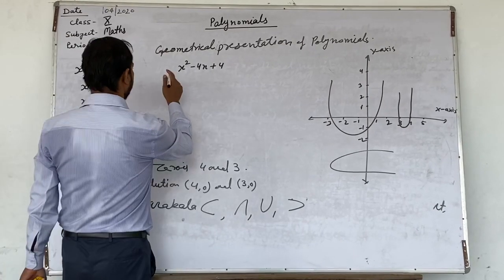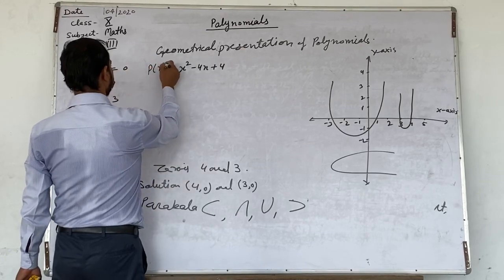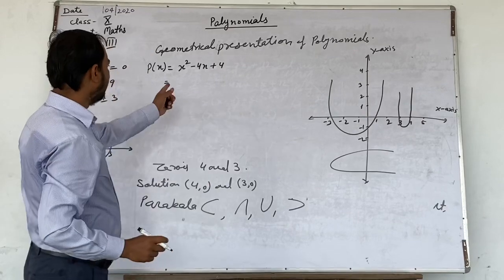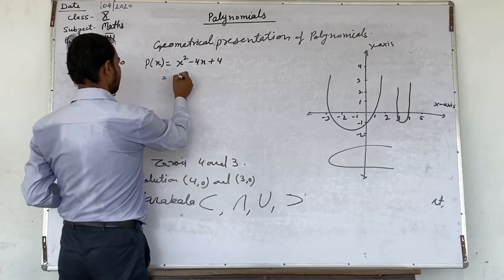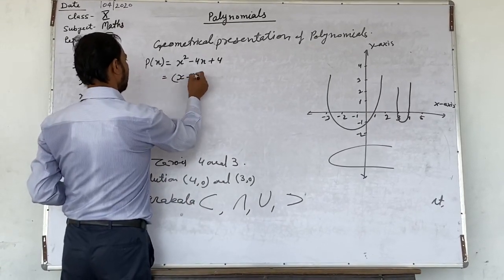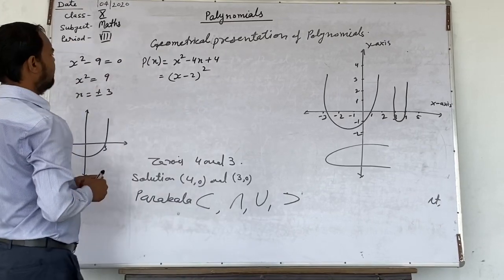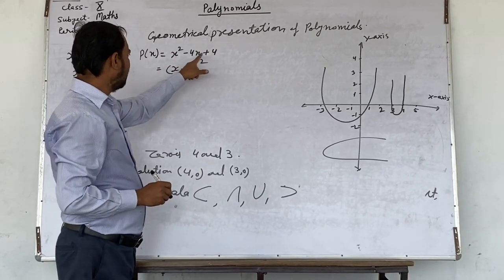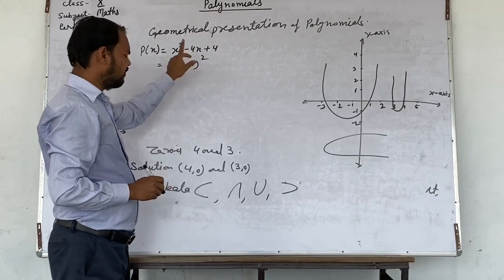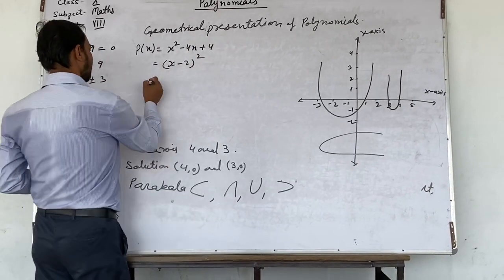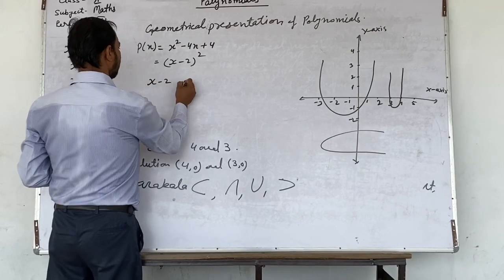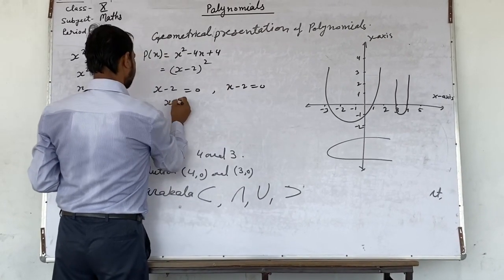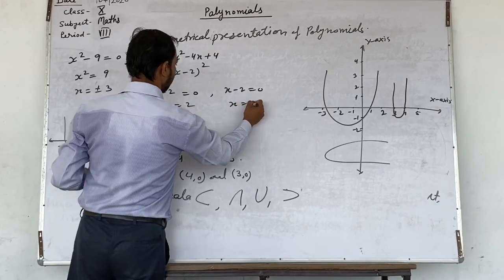See here, a polynomial, p(x) equal to x square minus 4x plus 4. When we factorize it, you will get (x minus 2) whole square, that is a square, b square, 2ab. So you can write here x minus 2 equal to 0 and x minus 2 equal to 0. So x equal to 2 and x equal to 2.